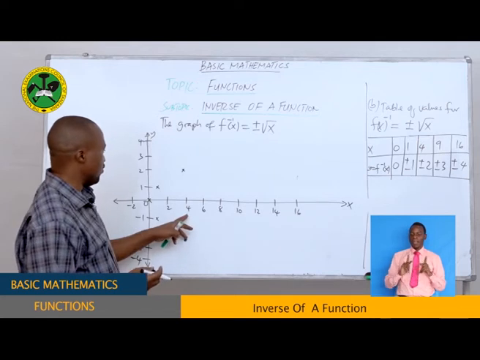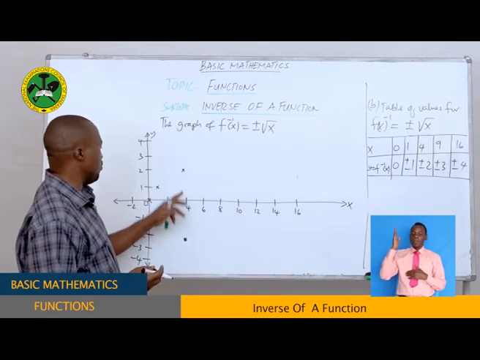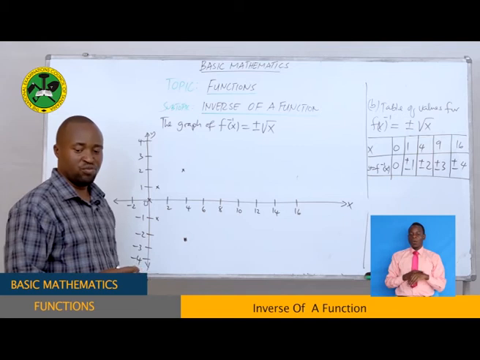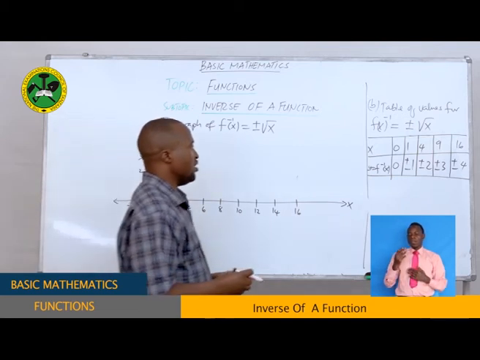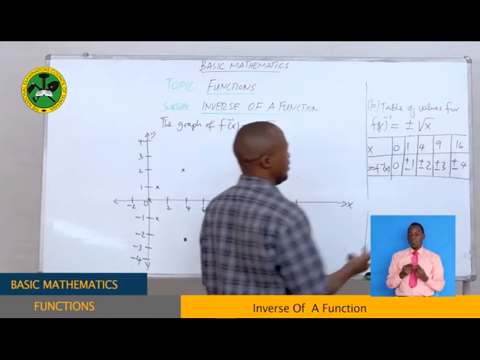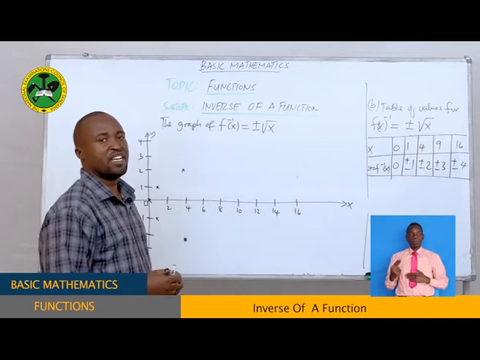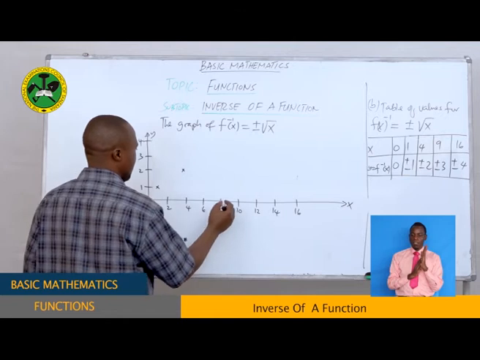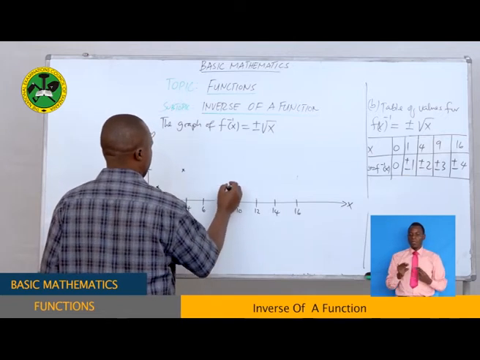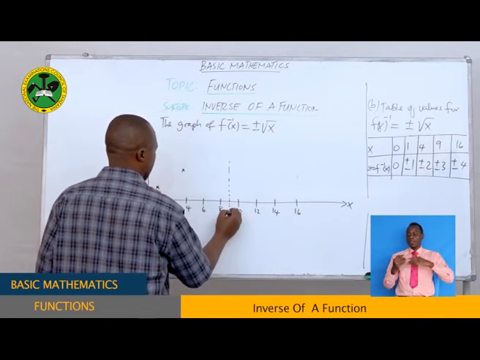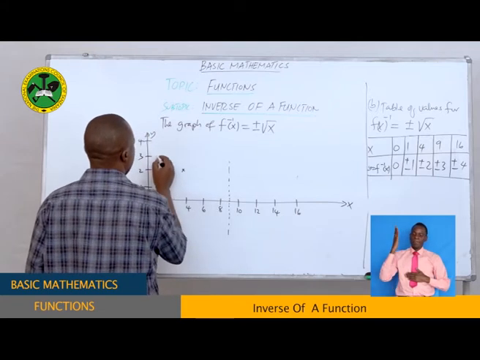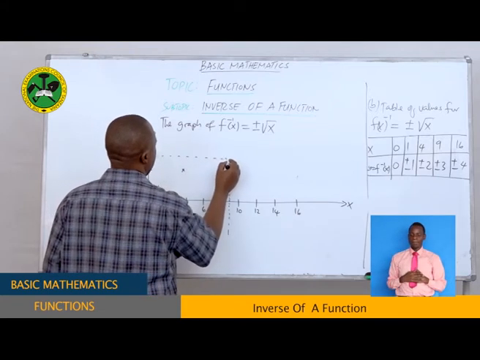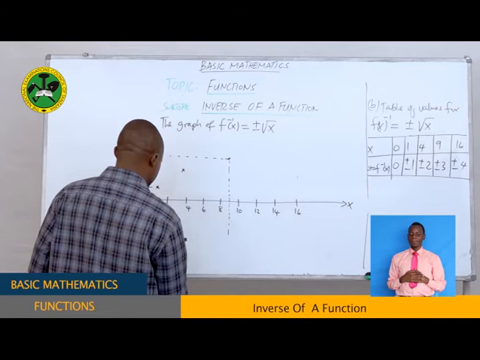That is when x is 4, then y is 2, but again, y is negative 2. Then when x is 9, we have plus or minus 3. Dotted line this way. It will be there.